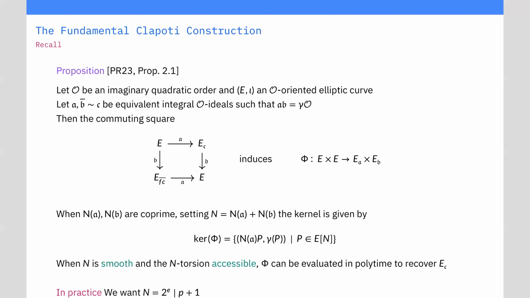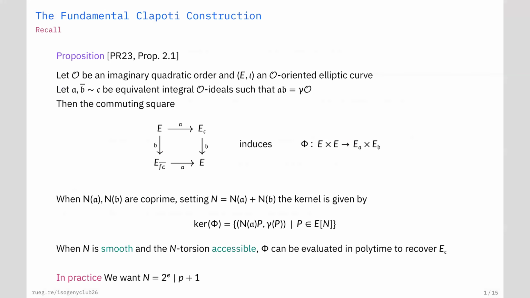So, sorry, I just realized I was zoomed in a bit much. So this is a fundamental building block. This was kind of a tool that was used by Qfesta in the supersingular setting. This is the oriented setting. And in practice, we don't just want that the n torsion is smooth and accessible, but we actually want n to be a power of 2 and it to divide p plus 1.